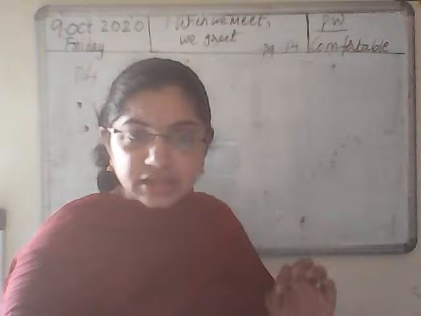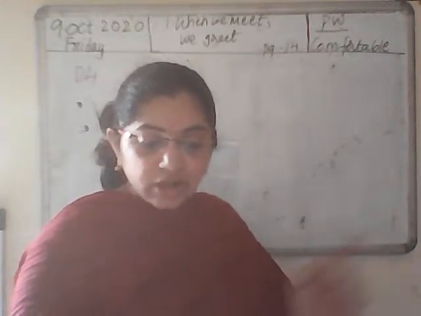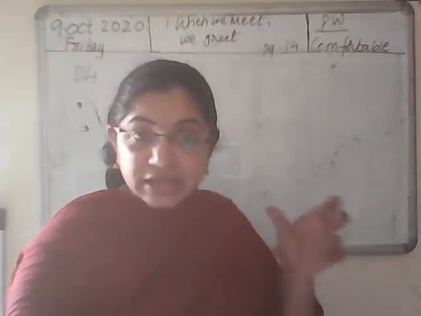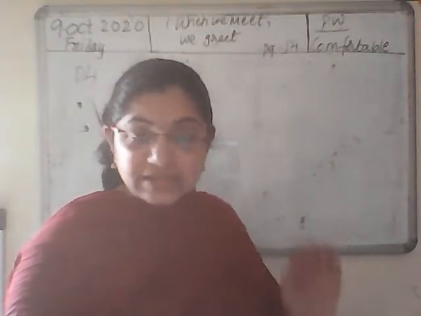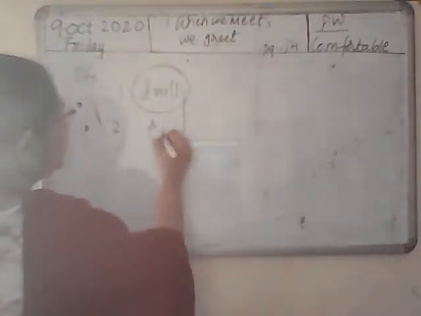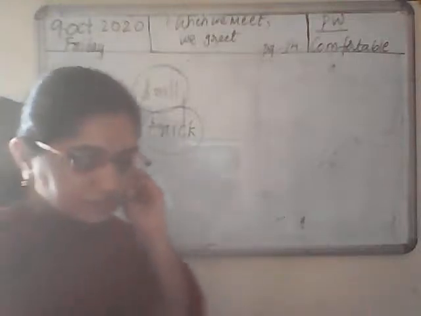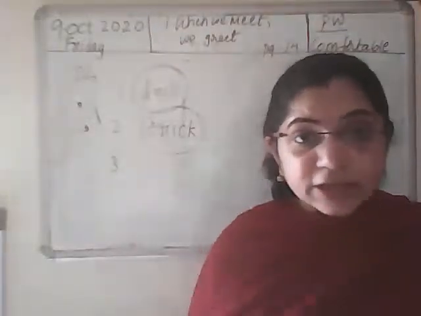Then brinjal, then bread. So in all cases, bring, brick, brinjal and bread, the starting sound is br, whereas in trick, the sound is tr. So this is the odd one. T-R-I-C-K, trick. Circle trick.